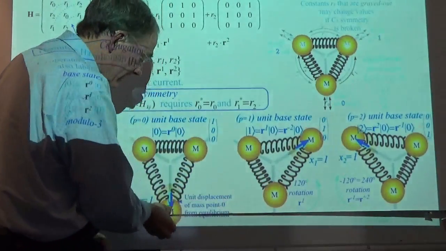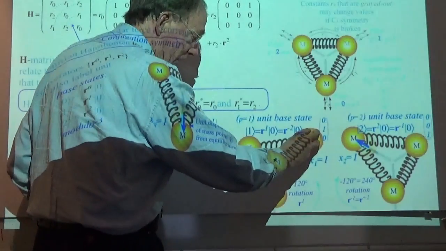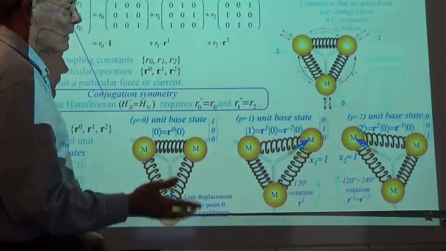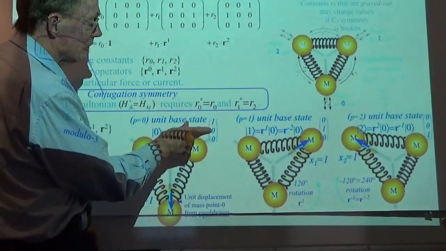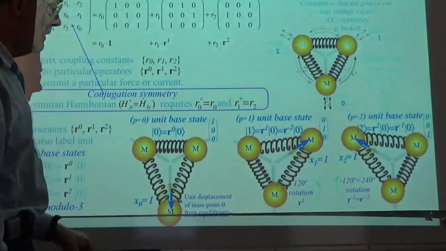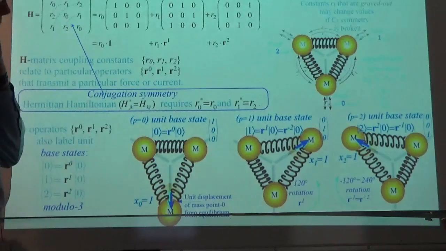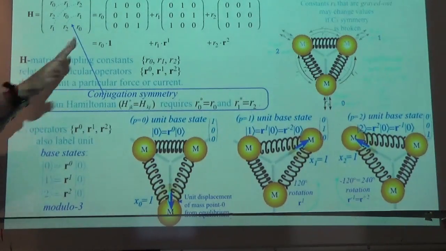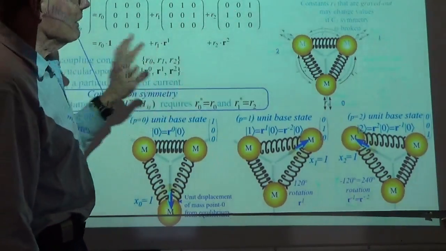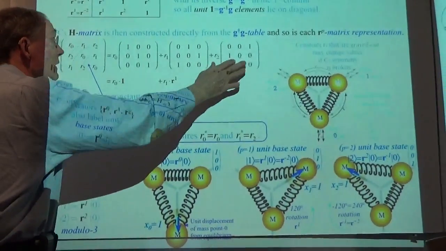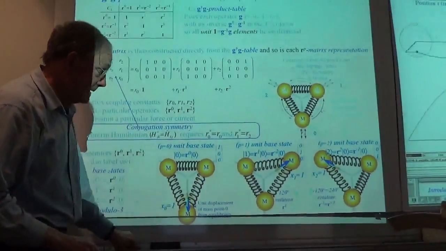In any case, I take this and move it over to there. And that's what I call, with a column vector, 0, 1, 0, whereas this one is 1, 0, 0. That's the ket represented in what you might call the regular basis, the basis of this matrix that the Hamiltonian is being written in, and all of the group operators are being represented.